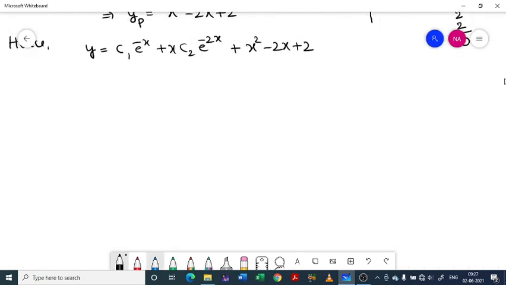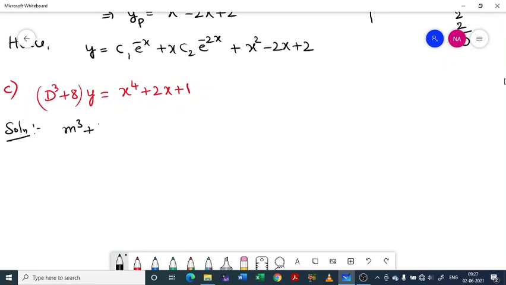Next, C. Problem C. D cube plus 8 into y equal to x power 4 plus 2x plus 1. Solution. M power 3 plus 8 equal to 0.